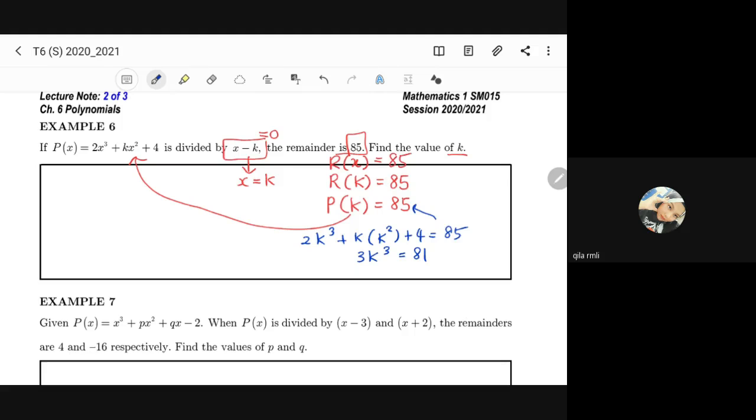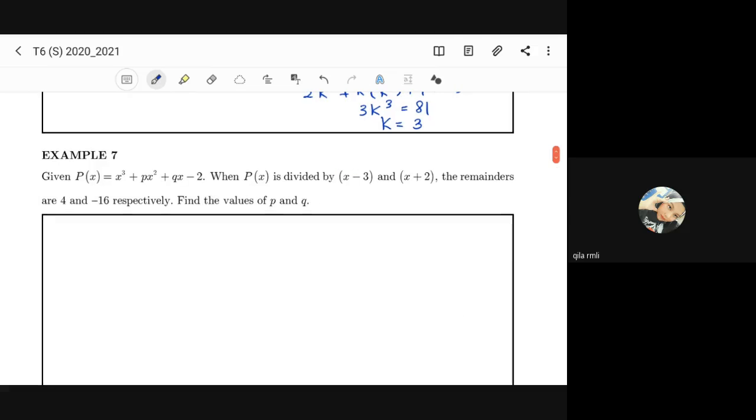Okay, next we will get k equals 3. Okay, done. So when we substitute the number from the divisor into the polynomial, we will get the remainder. Baki dia.